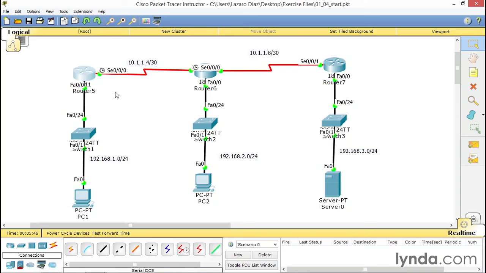Once it gets to the other router, that router does the same thing. It takes a look at its routing table based on the layer 3 information, sees that it has to go out the F00. Now we're talking about Ethernet, and ARP only happens on Ethernet. So it must know the MAC address of PC2.